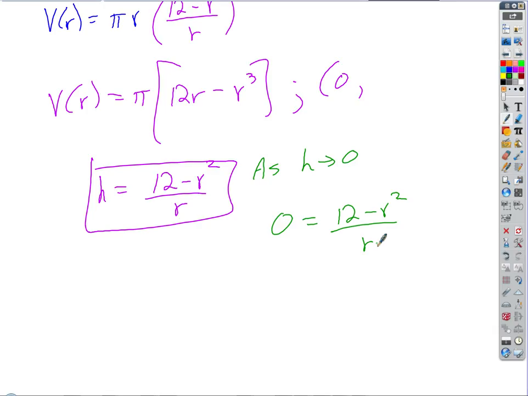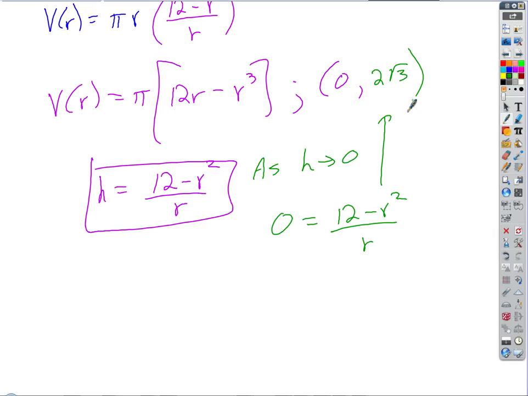So we've just got the square root of 12, which is 2 radical 3. Does that make sense? Okay, so that's the upper end of our limit, isn't it? Make sense? So we only need critical numbers within that domain.